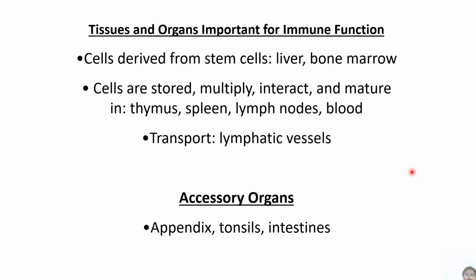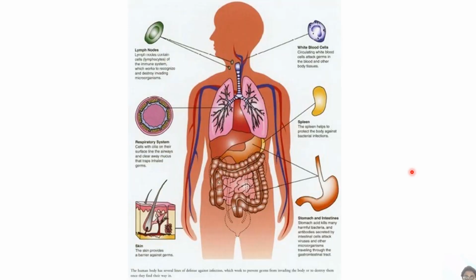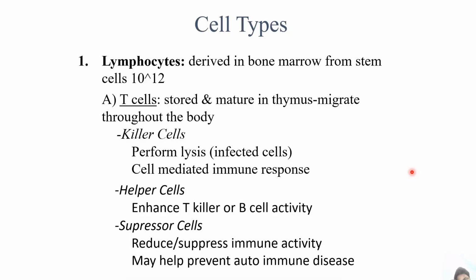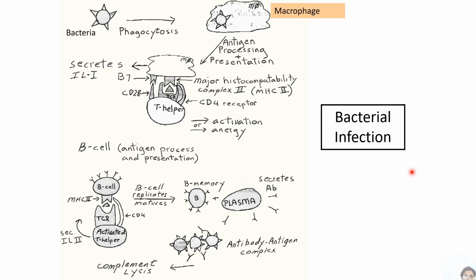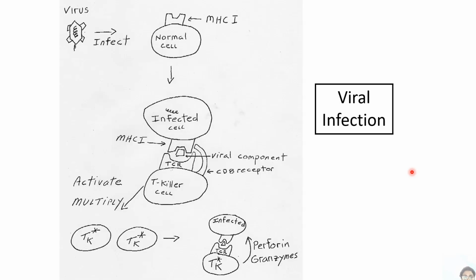Now, obviously, cells derived from stem cells in liver and bone marrow are stored, multiply, interact and mature in thymus, spleen, lymph nodes and blood. Accessory organs can be appendix, tonsils, intestines. We have discussed this. We have discussed B cells also. I am not going into too much detail.